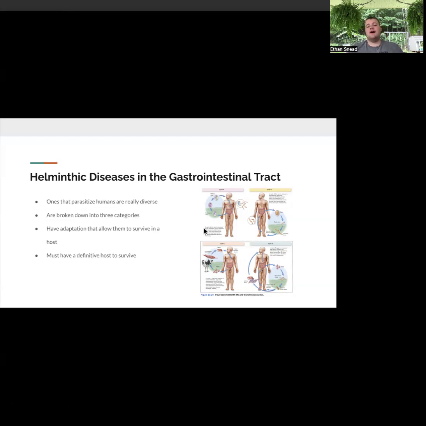Now, over here to the right, we have a little picture from our textbook. It is the four basic stages of the helminth life cycle: class A, class B, class C, and class D. If you want to pause here and review the cycle, study it, you can do that now, because we're not going to cover it in this lecture due to our short time limit today.